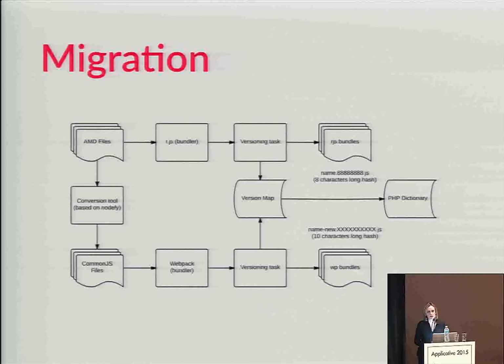The migration itself. When we were deploying the first time, before we converted everything on dev, we were bundling the old RequireJS bundles. At the same time, we were converting the whole code base using Nodify, which converts everything from AMD to CommonJS, and using Webpack to create new bundles.